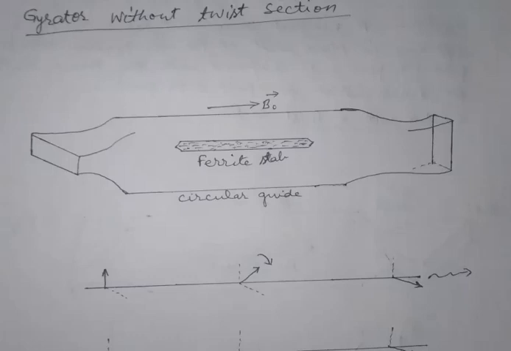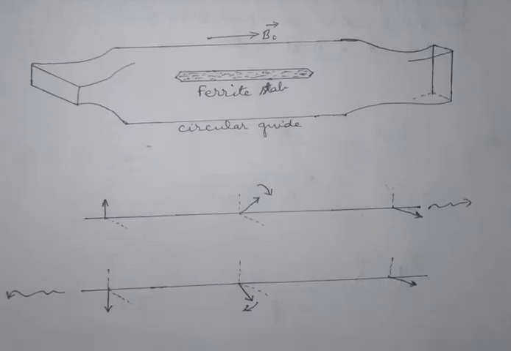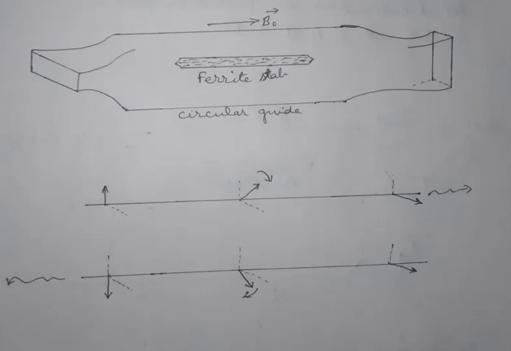The working can now be explained as shown in these two figures. If at the input end the electric field of the incident wave is as shown here, and this wave passes through the ferrite slab section, then its plane of polarization will be rotated by 90 degrees due to Faraday rotation, and when this wave reaches port 2, it has the correct polarity to transmit from port 2.